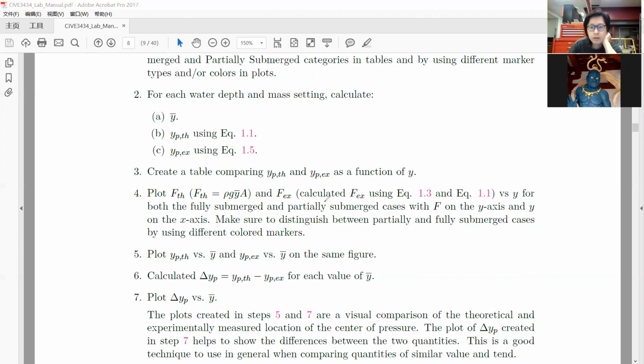For this one, as a function of Y, the horizontal axis is your Y, and your vertical axis is your F theoretical. You have several data points, and you have another several data points as the experimental. It won't be exactly the same.